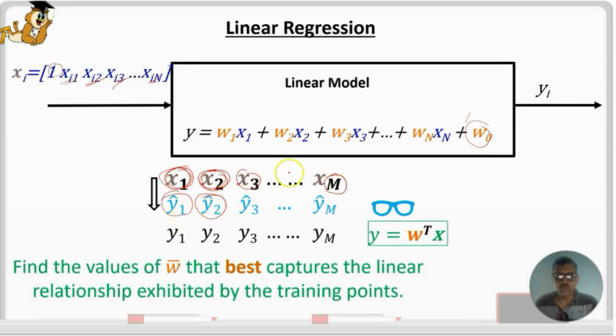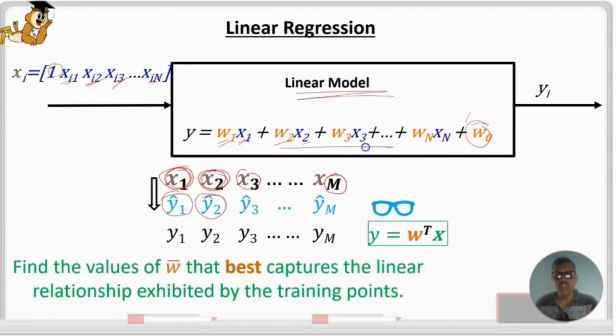What we tried to do was create a linear model. That means we tried to express the output y as a linear combination: x1 was multiplied with w1, x2 multiplied with w2, so on and so forth, wn xn plus w0.